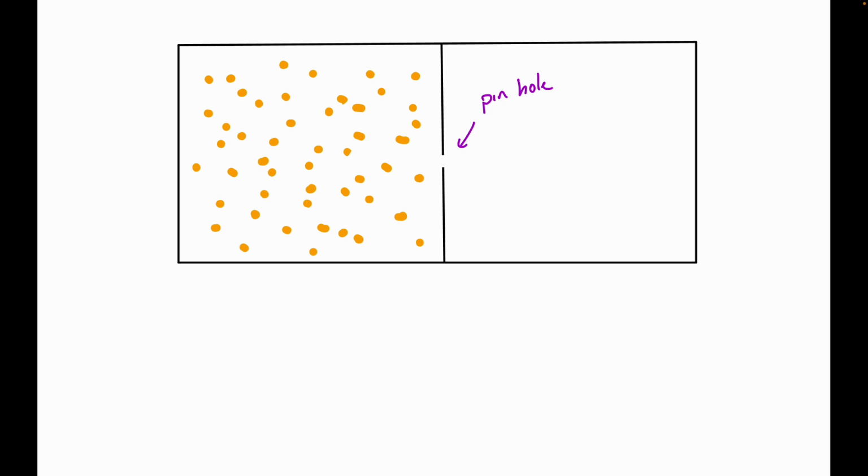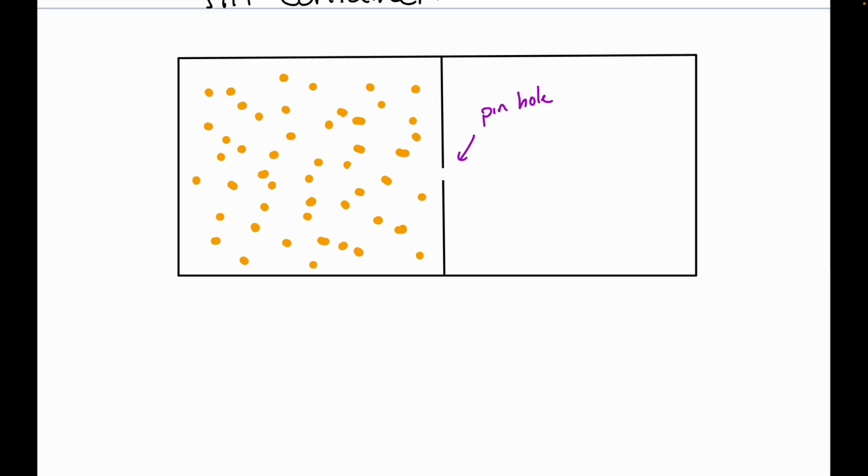These gas particles are all in random motion, so they're not all just going to start beelining it out through this hole. They're going to ping pong off the walls of this box, back and forth, but then every once in a while, one of them will find its way to hit that perfect spot where the pinhole is and make its way into the other side. And that is what we call effusion.